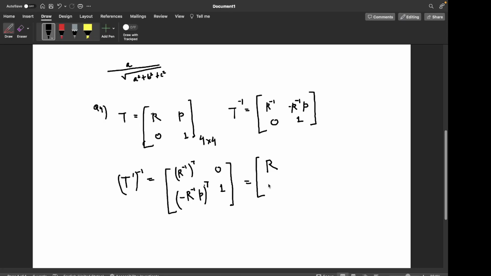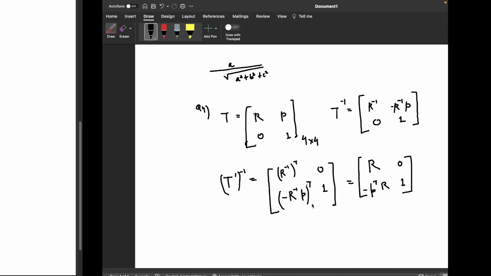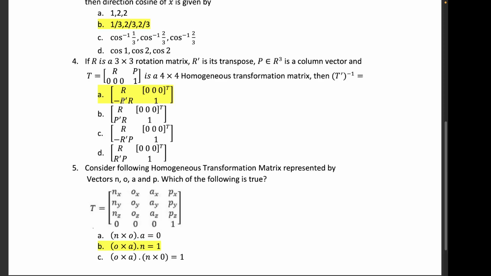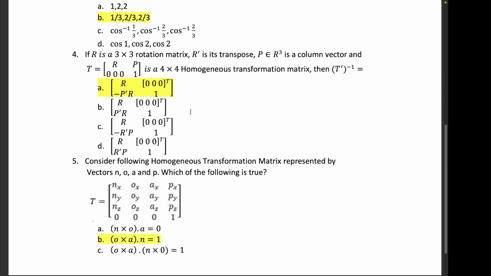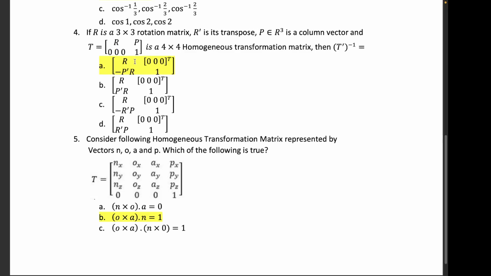So this will be P transpose, the minus sign will be there as it is, and again R inverse transpose would be R. Here it will be 0, 3 zeros as a column vector, and 1. So this completes our expression for T transpose inverse, which belongs to option A. This is how we can invert the homogeneous transformation matrix.